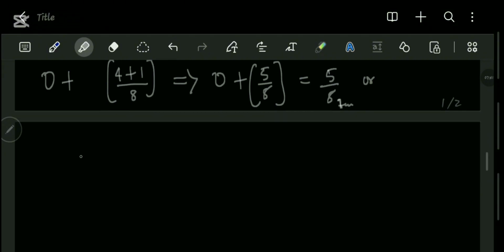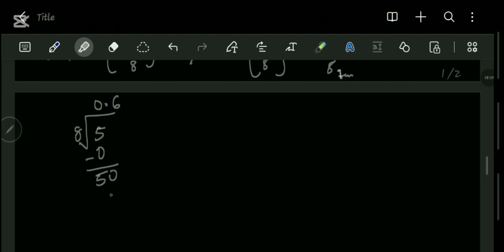And to do that, you just have your 8 root in this way. Alright? So how many 8 can you see in 5? That's 0. 8 times 0 is 0. Subtract, you have 5. Add your point, and that's 0. 8 in 50 there is 6. 8 times 6 is 48. When you subtract, you have 2.